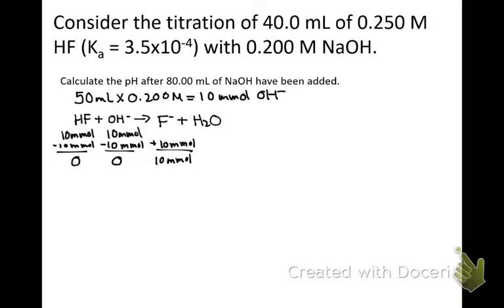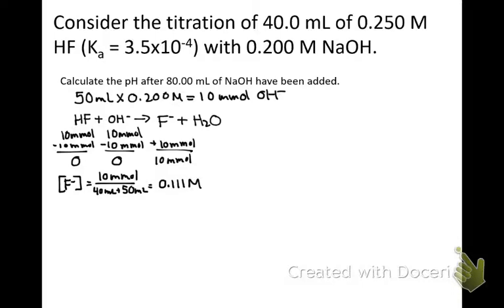So that means that the concentration of F minus will be 10 millimoles divided by the total volume, 40 milliliters we started with plus the 50 milliliters we added. And so the concentration of F minus will be 0.111 molar.